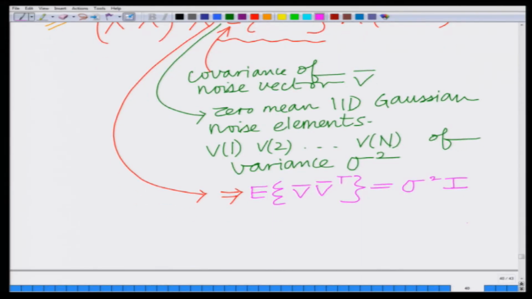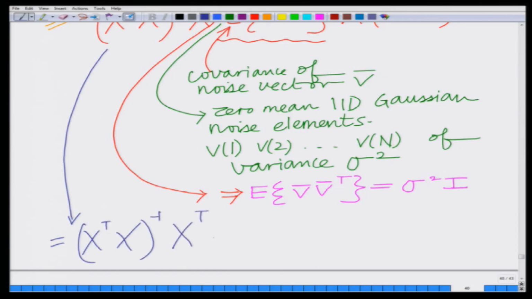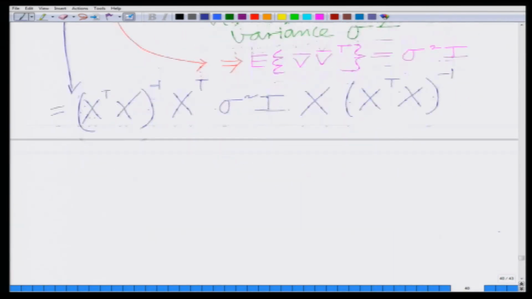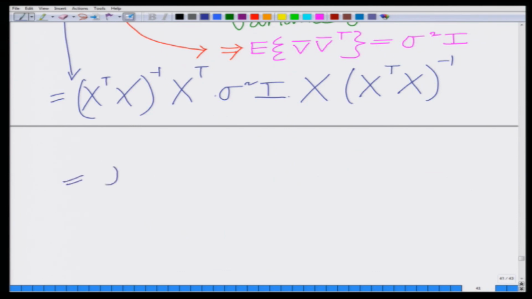Now I can substitute that in this expression for the covariance of the estimate h hat to simplify it further. Once I substitute that, you can see it has a nice form. This reduces to x transpose x inverse x transpose times the covariance, which is sigma square times identity, times x transpose x inverse. I can bring the sigma square outside, as that is a scalar quantity, and identity times any matrix is the matrix itself.